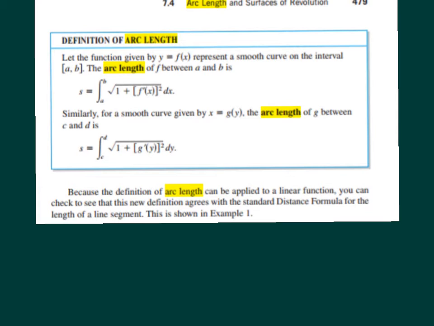If you have y equals f of x, all you need to do is differentiate first, then square it, and set up dx since we are respecting x. But when you are respecting y, you have to set up dy, which means you have to look for x equals g of y.